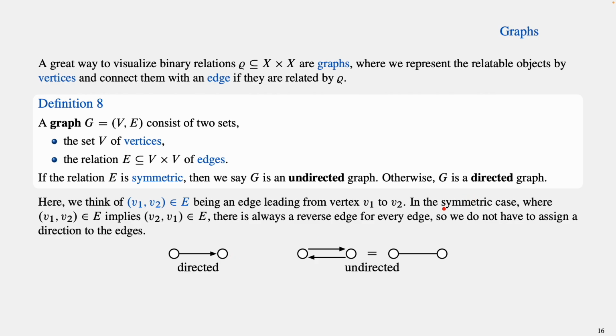Now if we have a symmetric graph, then having the edge from V1 to V2 automatically implies having the edge from V2 to V1 as well, so the reverse edge. And in this case, we do not have to assign direction to the edges, because in a symmetric graph, this is the case for all edges. So for any edge in this direction, we have the reverse edge. And so instead of having both edges explicitly, we could just have one undirected edge between the two vertices.